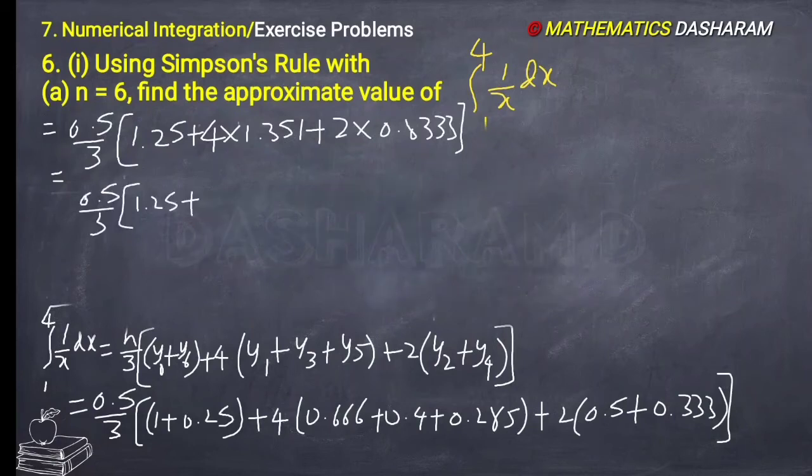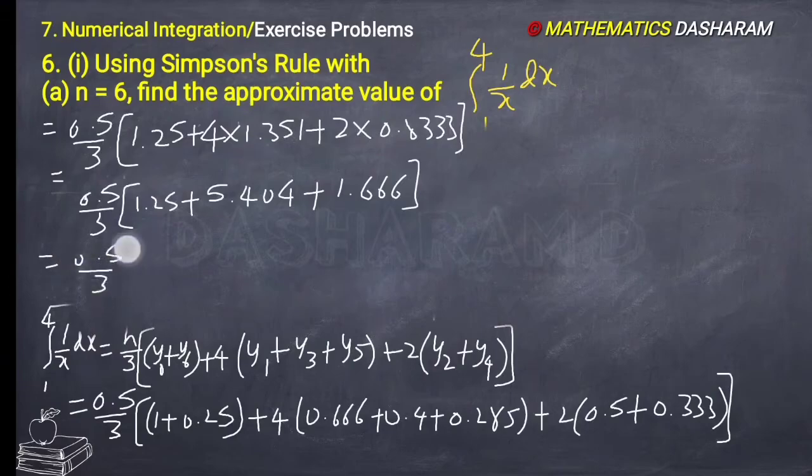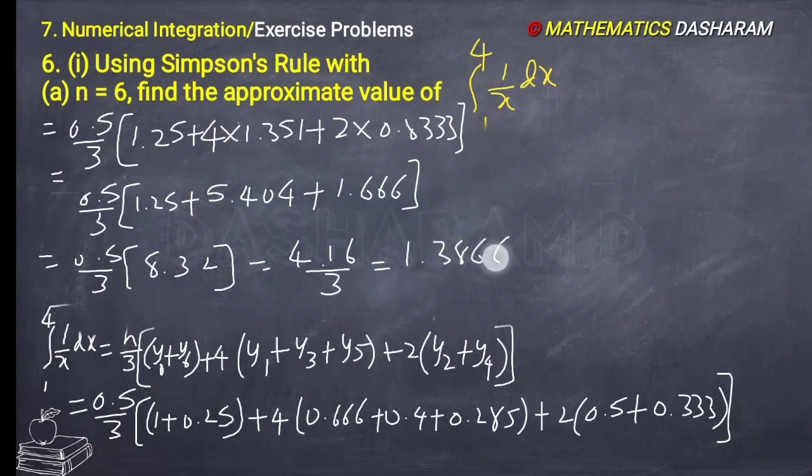So 4 into 1.351 is 5.404, plus 2 into 0.833 is 1.66. So it is 0.5 divided by 3 times (1.25 plus 5.44 plus 1.66), which is 8.32. Next, 0.5 into 8.32 is 4.16, divided by 3. So it equals 1.3866, which is our required answer.